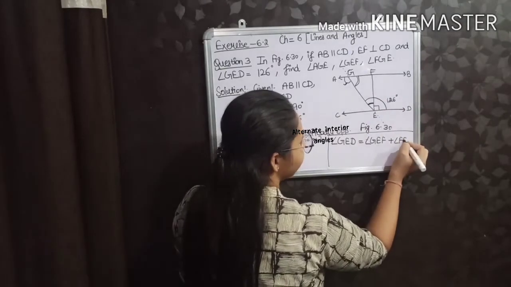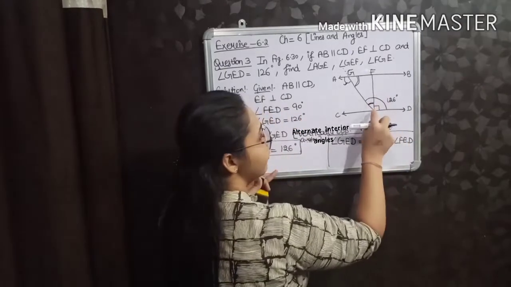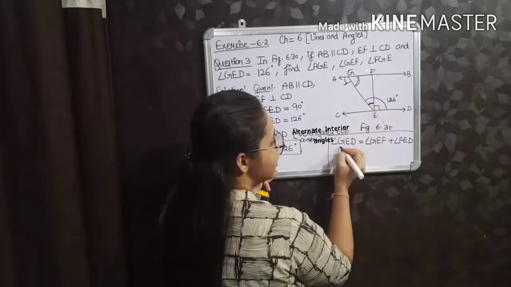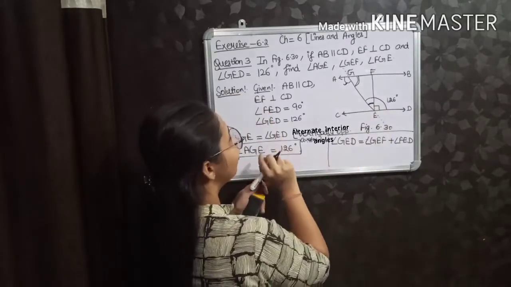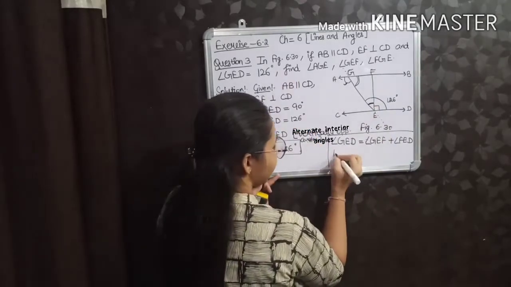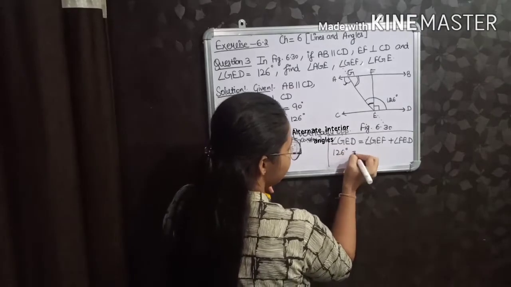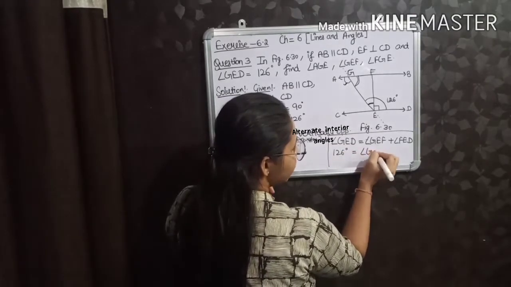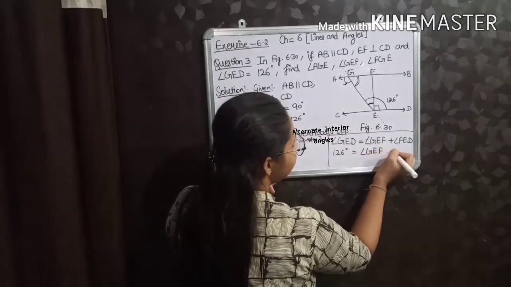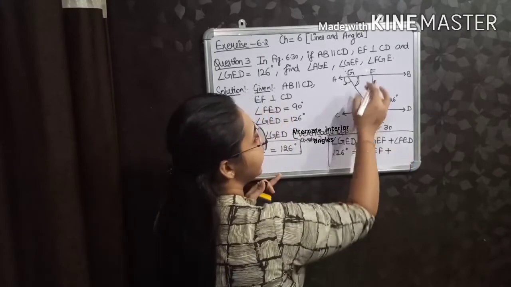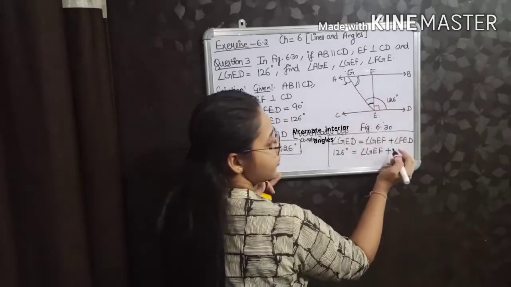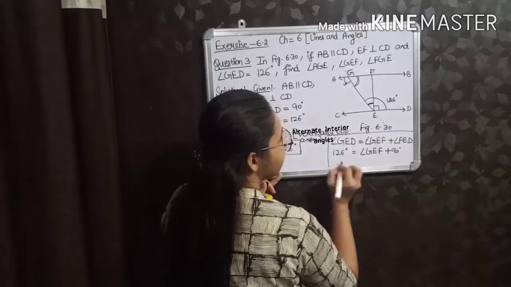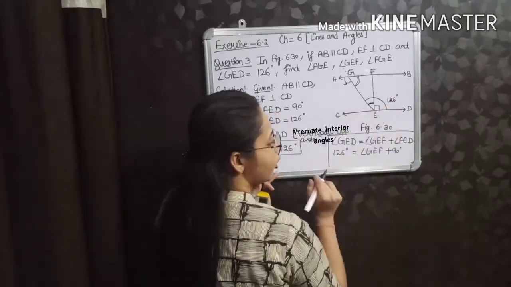Now GED is given to be 126 degree. Right here 126 degree is equal to GEF plus FED. What is angle FED? It is given to be 90 degree because EF is perpendicular on CD.